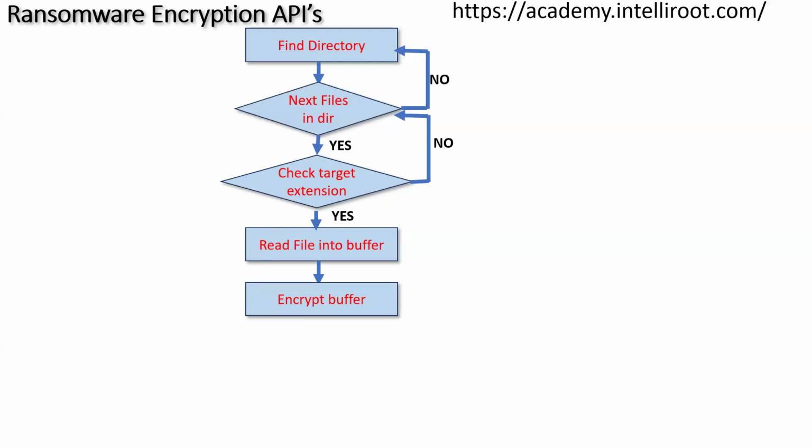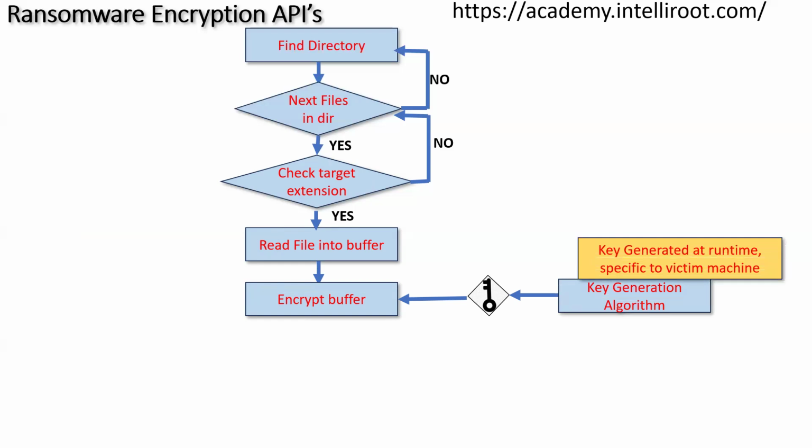After placing the contents in the buffer, the ransomware is going to encrypt the contents in the buffer using an encryption key. And the encryption key is generated by a key generation algorithm. The key generation algorithm generates a key at runtime and it is specific to the victim machine.